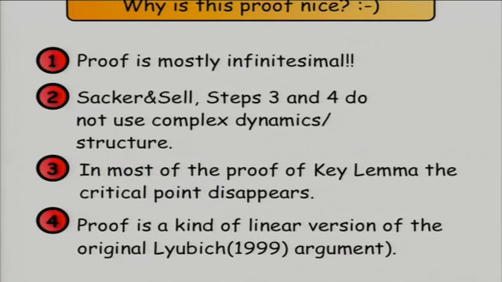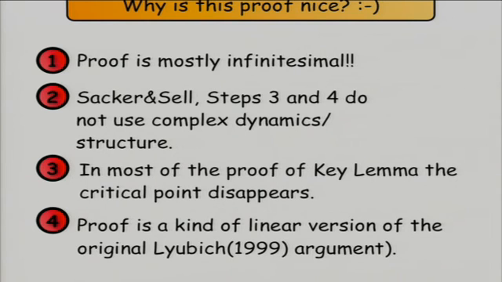Just to finish, why is this proof nice? First, it's almost infinitesimal. You don't use quasi-conformal maps, Beltrami paths, or things like that. Everything works in the derivative of the normalization operator. Second, steps 3 and 4 don't use complex dynamics or complex structure. It's just smooth dynamics. The third thing that's nice is that in most of the proof of the key lemma, the critical point doesn't show up.